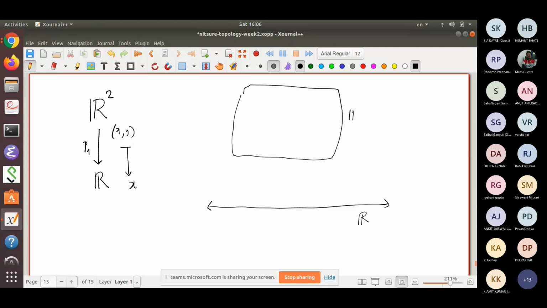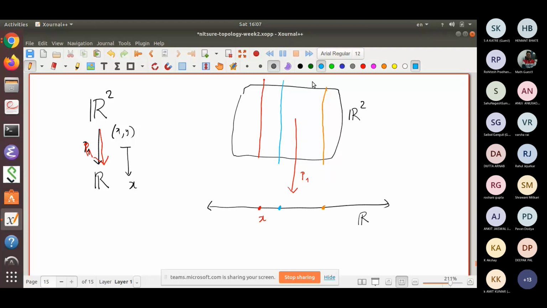This is R2, and let's give the projection map red color here. This is the projection, E1. If I take any point here, let's call it X, what lies above it is something like this. If I take this other point, what lies above it looks like this.